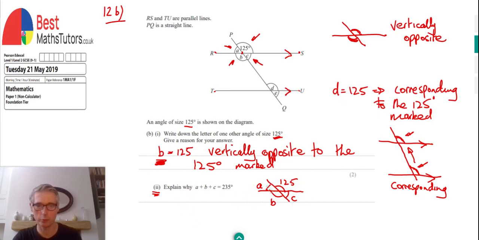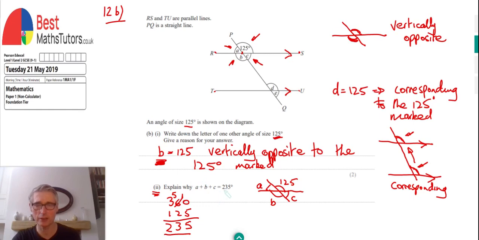So if we wanted to find what A, B, and C are, we could take away 125 from 360. So I'm going to borrow from the 6 there. So that's going to be 5, and that becomes 10. So 5 from 10 is 5, 2 from 5 is 3, and 1 from 3 is 2, so that's 235.